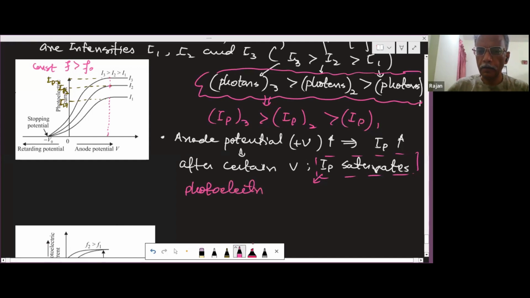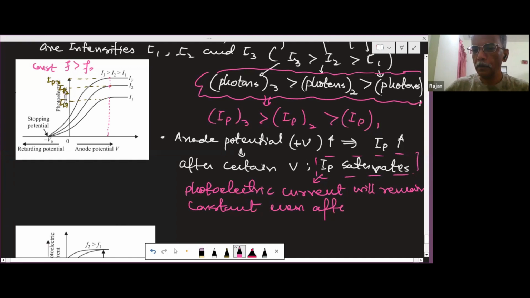Here it is photoelectric current, so that will remain constant, even after increasing the V. V is your positive anode potential. So that's why your graph looks like this.